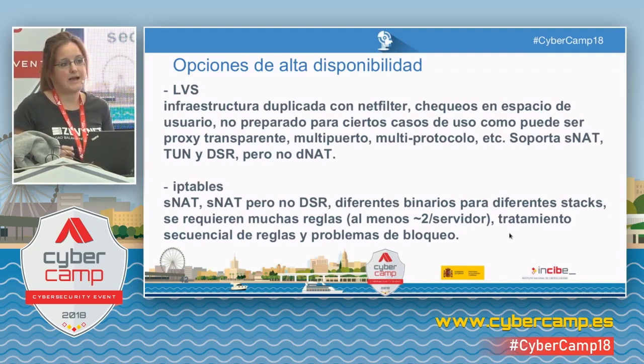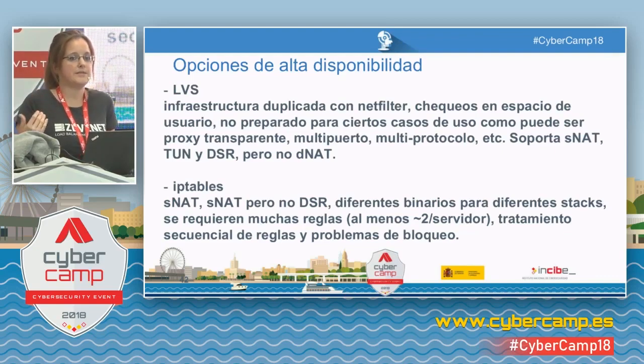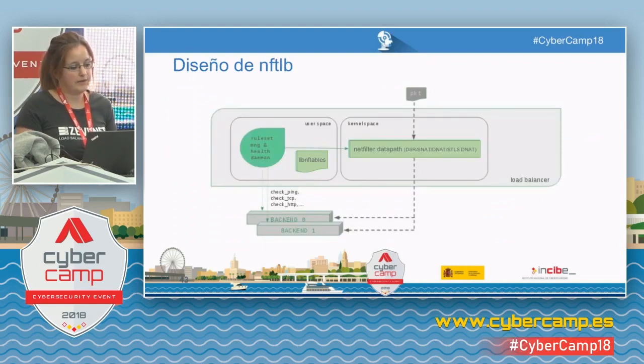So if we have 100 backends, we would need at least 200 rules. And those are rules that are computed sequentially. So you can imagine performance is lower and lower as you get more and more backends. Other problems are blocks, and, well, a number of them.